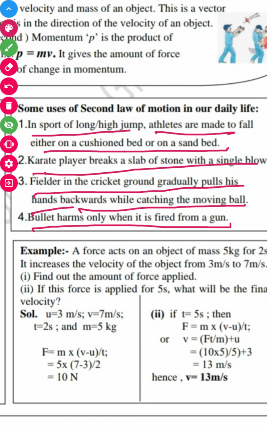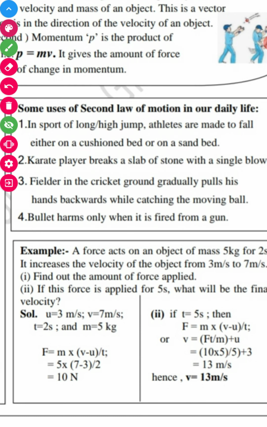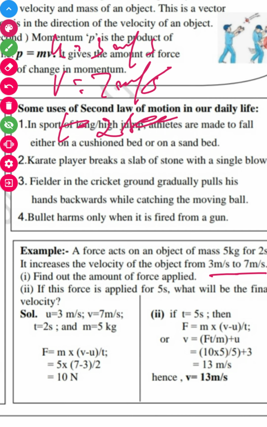Let's see this numerical also. A force acted on an object of mass 5 kg in 2 seconds and increases its velocity from 3 meter per second to 7. First find out the amount of force applied. Here u is 3 meter per second, v is 7, and t is equal to 2 seconds. So F is equal to m(v minus u) upon t.